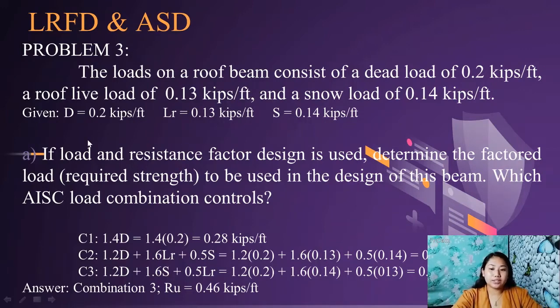So letter A: if load and resistance factor design is used, determine the factored load required strength to be used in the design of this beam. Which AISC load combination controls? Then again, we have the C1, 0.28 kilopascal, and so on, just substitute the given values.